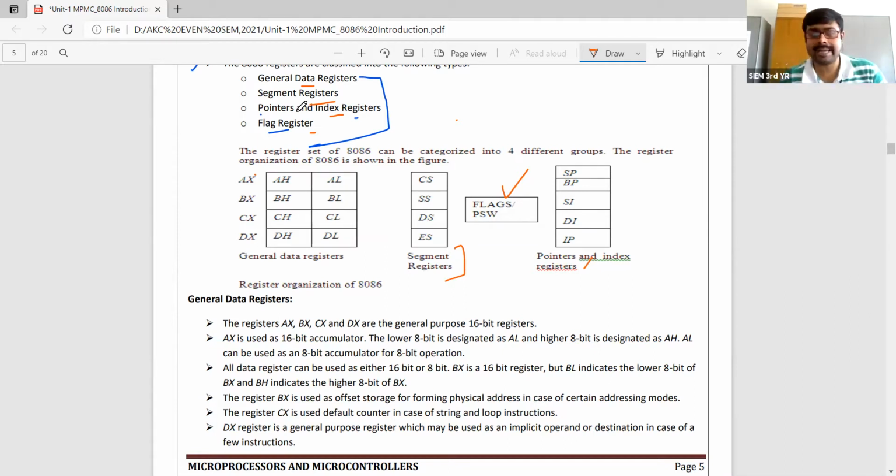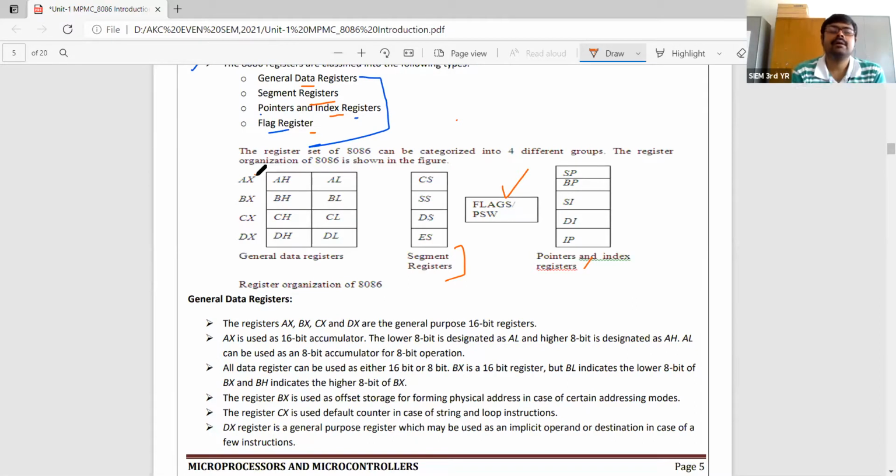That means in AH, H means high, L means low. So AH means A with the high byte, AL means A with the low byte. BH means B high, BL means B low. CH means C high, CL means C low. And DH means D high, and DL means D low. So for this reason, this X, if you see it, don't be afraid. This X is basically denoting the value for H and L.